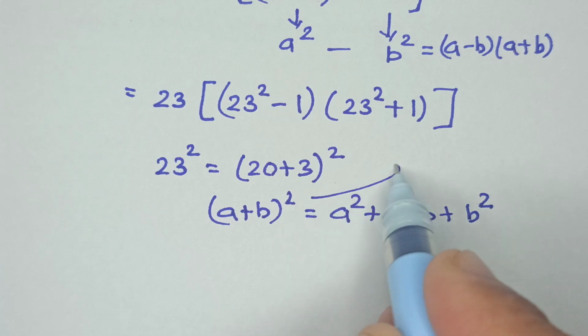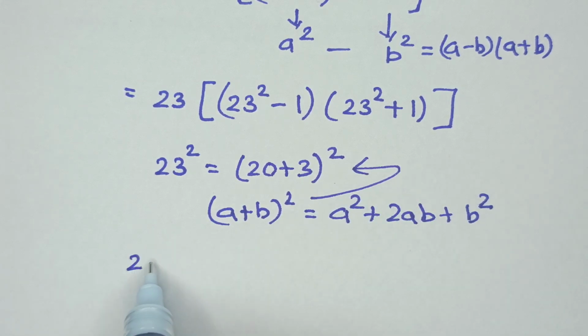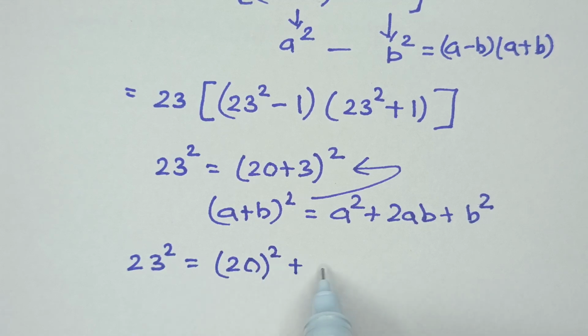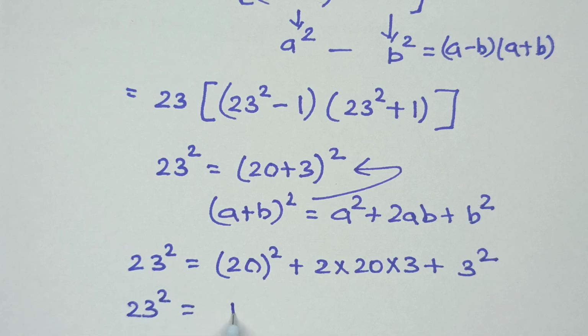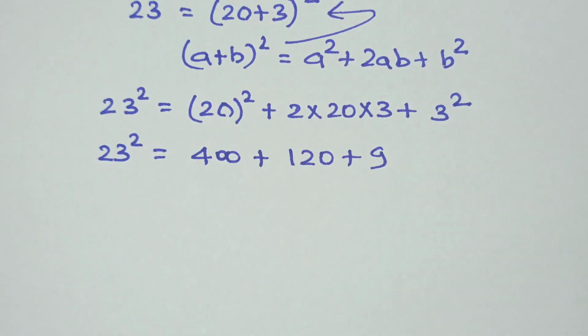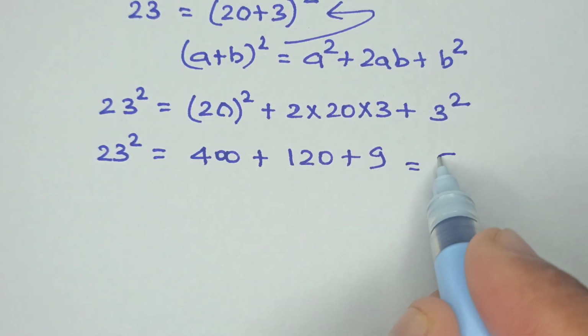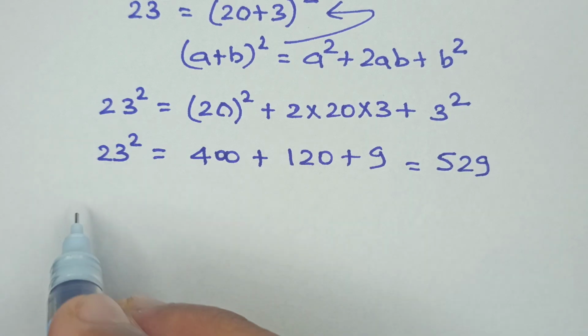So this would be 23 square, that is 20 square plus 2 multiplied by 20 multiplied by 3 plus 3 square. So the value of 23 square would be 400 plus 120 plus 9. And when you add all these numbers together, this comes out to be 529.